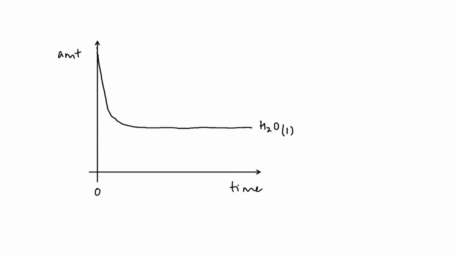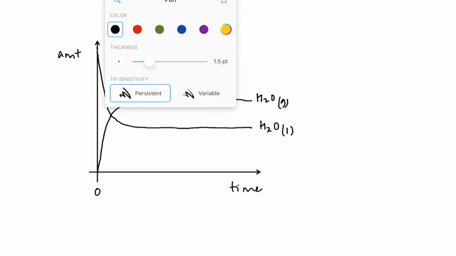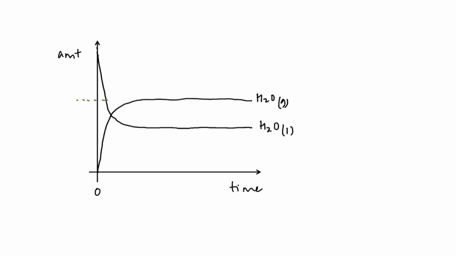Similarly, the amount of gaseous water would climb more quickly, and at equilibrium we would expect there to be a higher concentration of gaseous water than there was previously compared to the amount of liquid water in our system. And we can also see that, as we suggested, that at a higher temperature, with the rates of the reactions being speeded up, we establish our position of equilibrium more quickly.